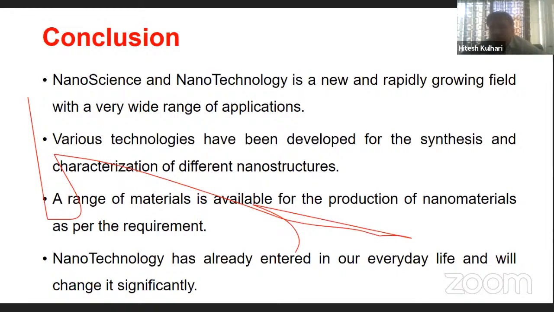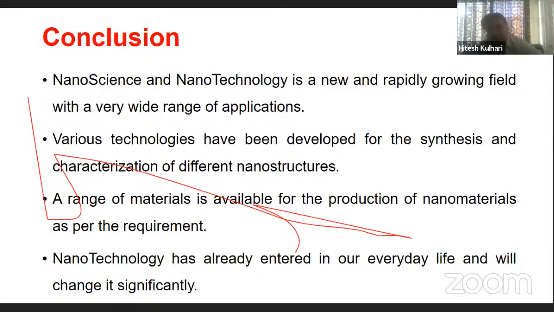And we have a wide range of materials also. We can produce nanostructures from various materials: polymer-based materials we can synthesize, we can use lipids for the synthesis of nanoparticles, carbon-based materials can be used, and you can use proteins.